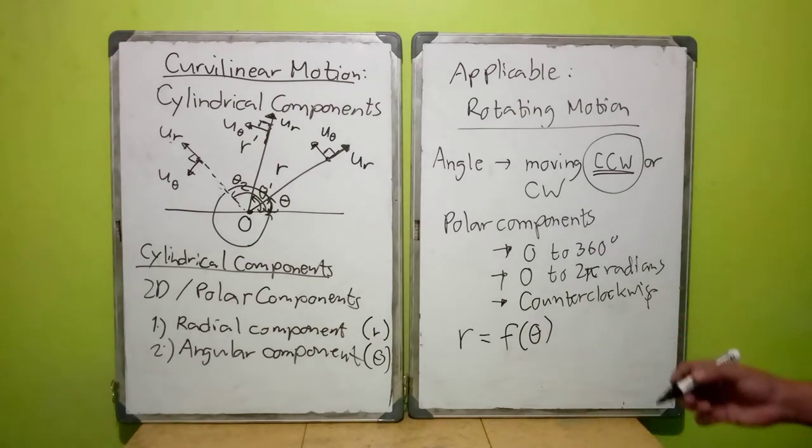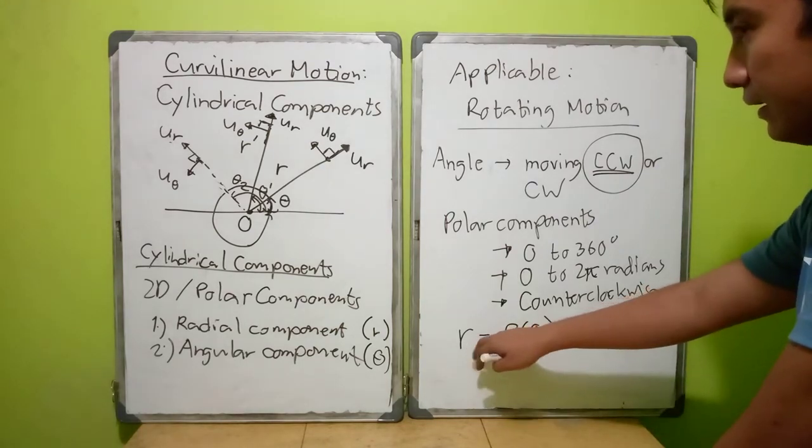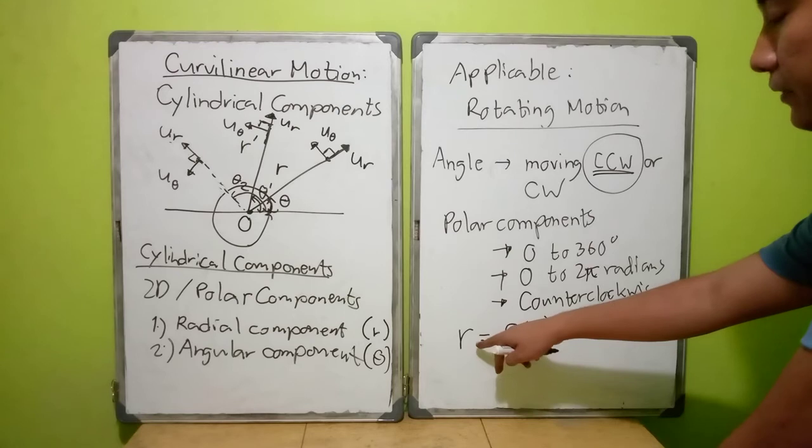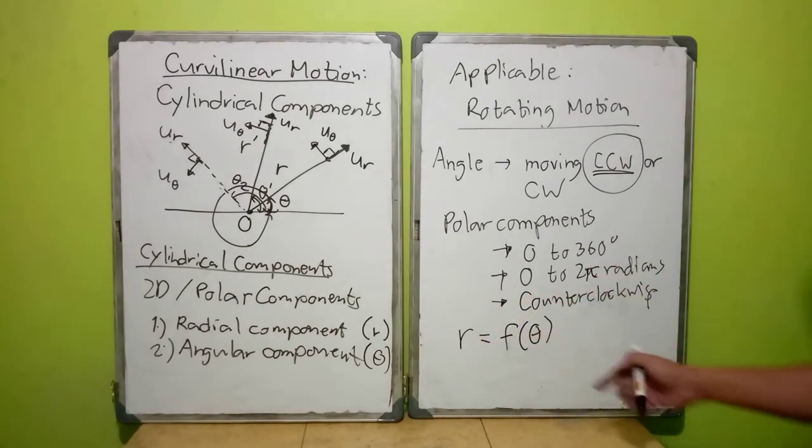You can represent it either as your radius being a function of your theta, or your angular component.